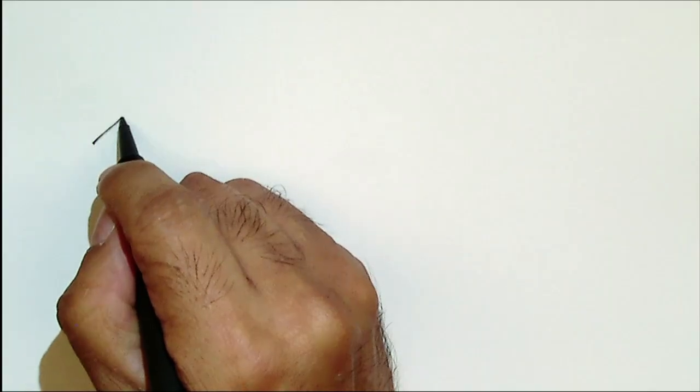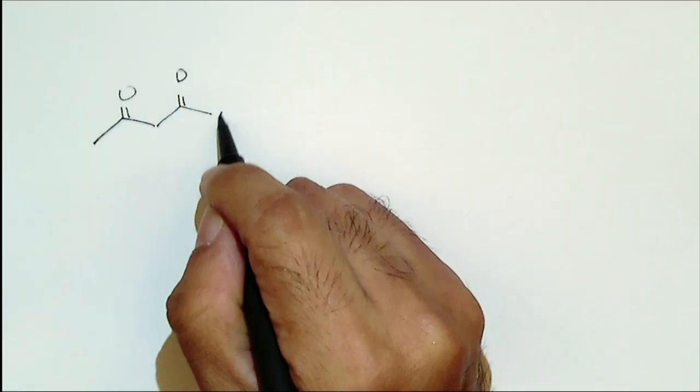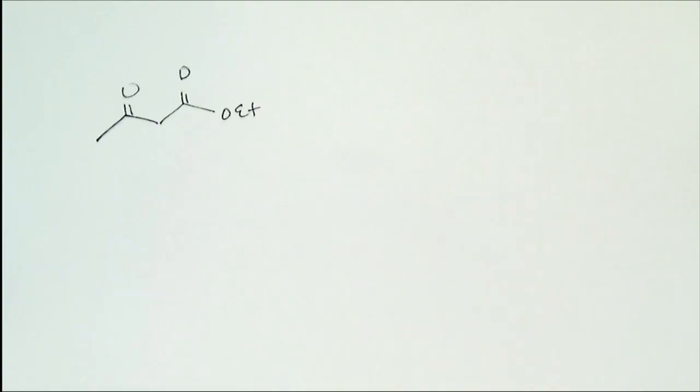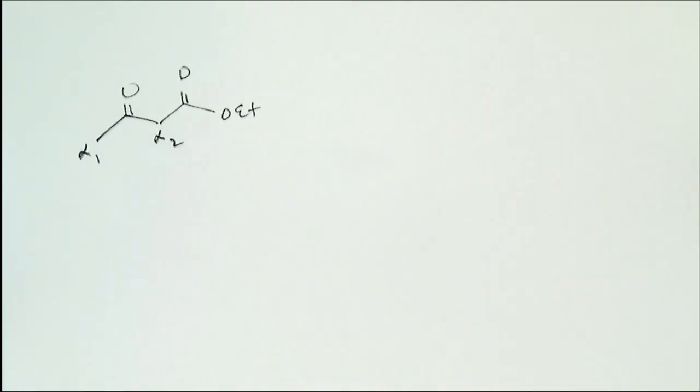Now, a quick couple of things to note before I end. If I have, let's say, this situation, there's an alpha 1 here and an alpha 2 here. We know the alpha 2, which is in between the 2 carbonyls, is far more acidic, so normally you're going to deprotonate there.